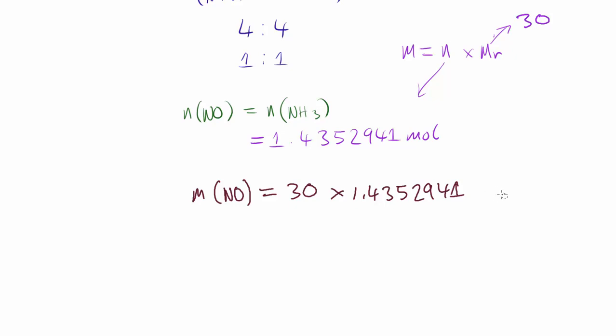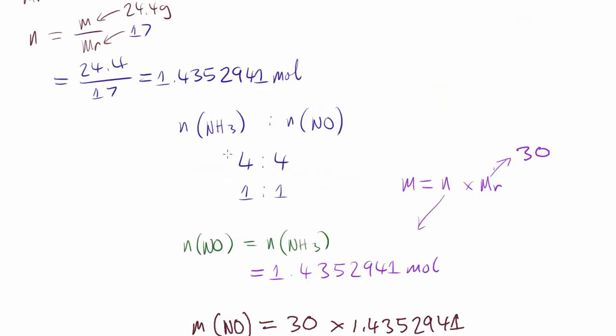So just to be consistent, I'm not going to include the units for the moles at this stage, but we know that's referring to the moles. If you have a go at working that out, you should find that you get 43.05823, and that's going to be in grams, right? So we have a mass figure now, corresponding with the nitric oxide.